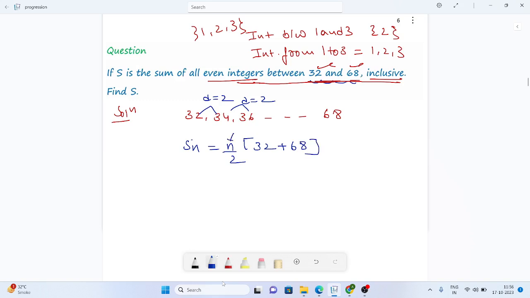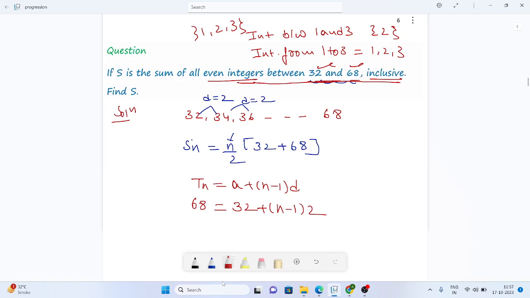But we don't have n. So for finding n, which formula do I use? I use the nth term. So I write Tn equal to A plus n minus 1 into D. So I equate it to the last term here.